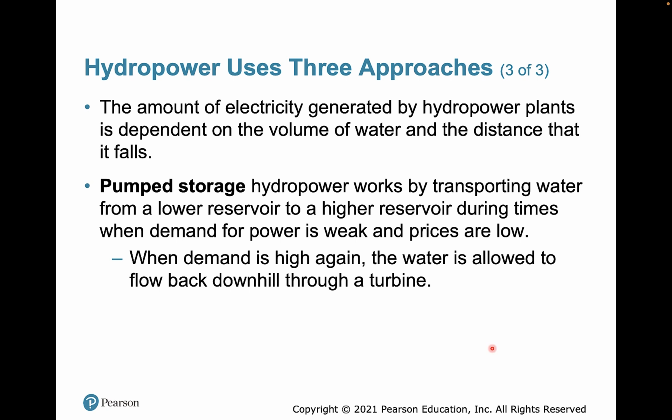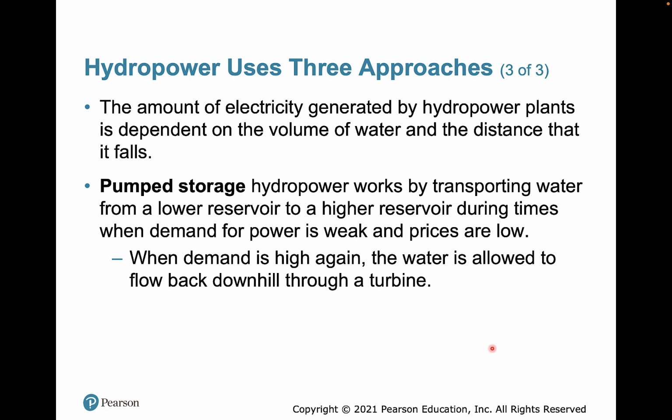The amount of electricity that you get from a hydropower plant is directly determined by the volume of water that moves and how far it moves. So the more water that flows through, and the higher the difference between the reservoir and the river, the greater the electricity you're going to wind up having.